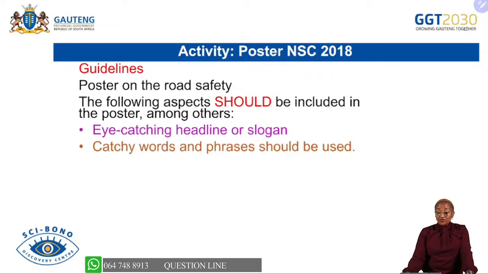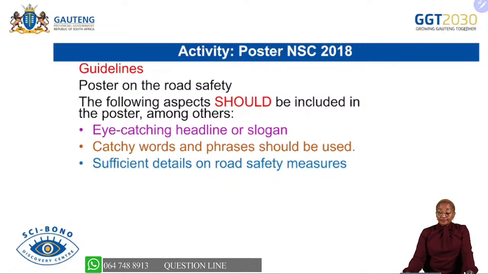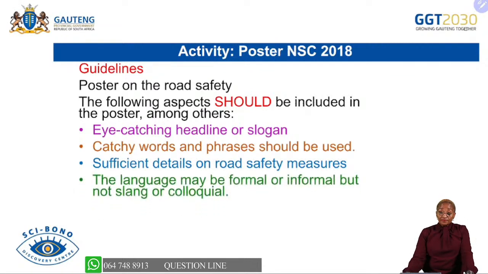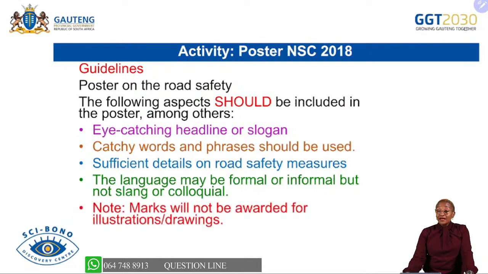Catchy words and phrases should be used. Sufficient details on road safety measures. The language may be formal or informal, but not slang or colloquial. Note, marks will not be awarded for illustrations or for drawings.